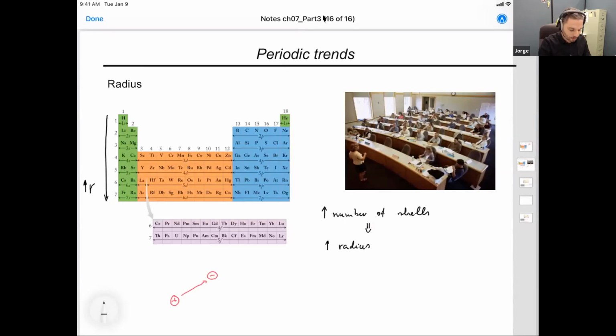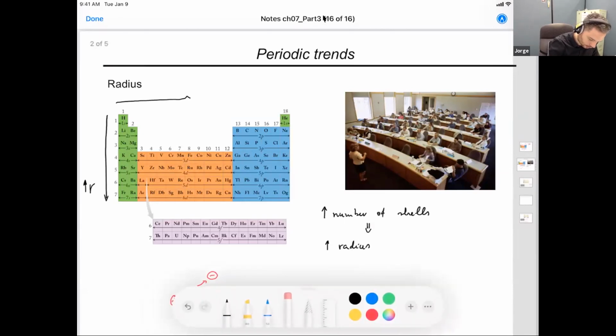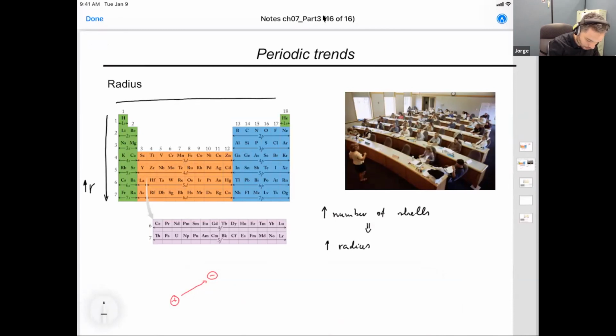Now here is the question. What happens with the radius if we move from left to right? From left to right, we are keeping the same number of electron shells.